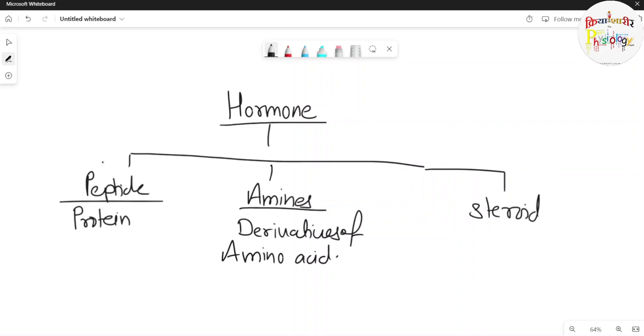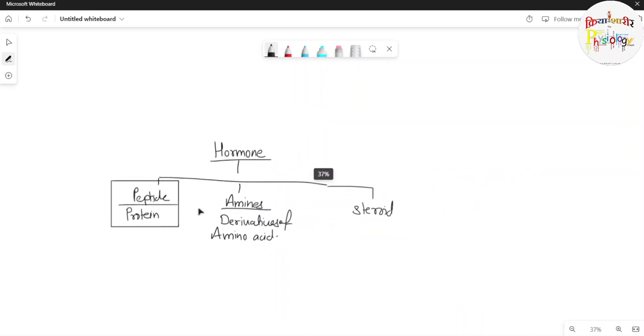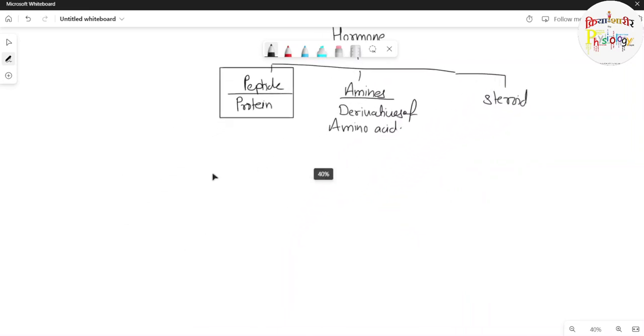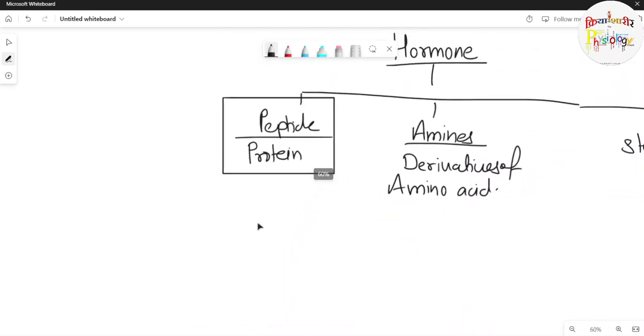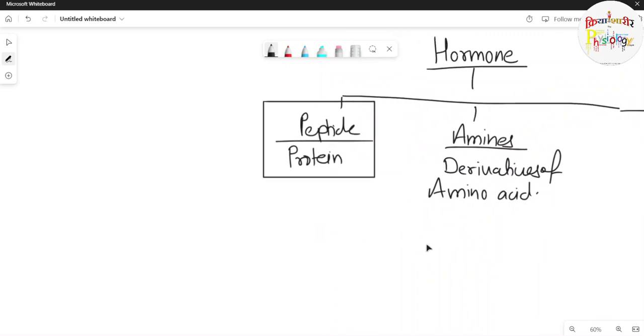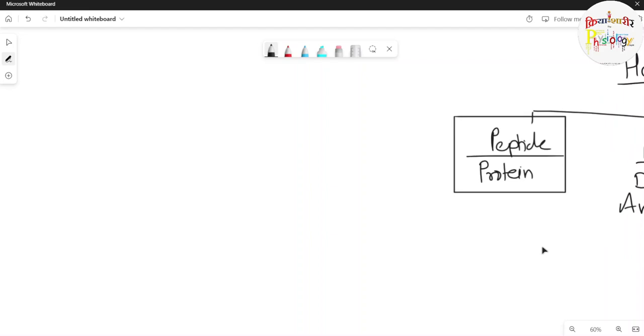So first of all, peptide or protein hormone. What is the meaning of peptide? We have learned that peptides are chains of amino acids, or polymerized amino acids.